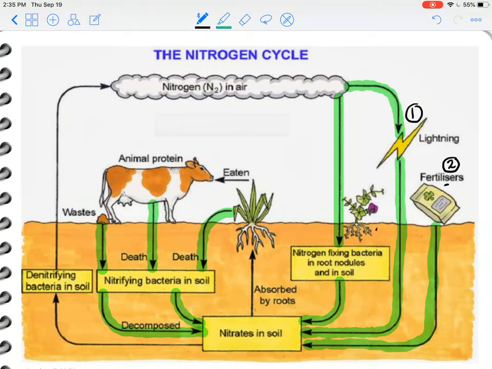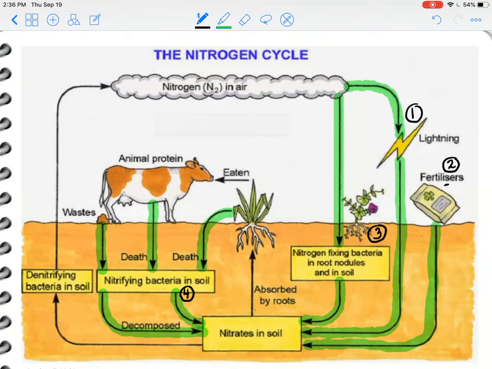Here is another way. The bacteria in roots and in soil put nitrogen into the ground. Here's another form of bacteria. When things die, they produce that bacteria. So I would say that death produces this bacteria.